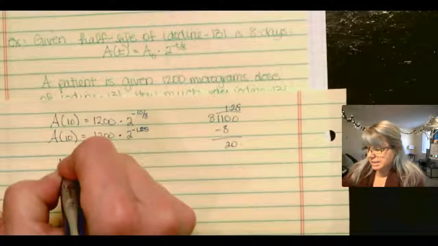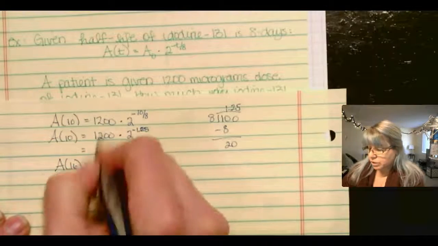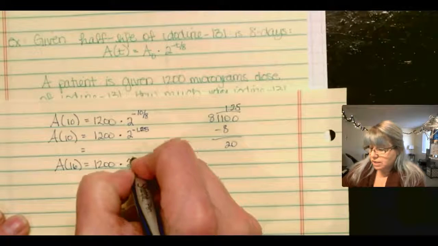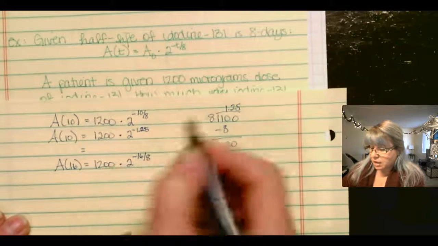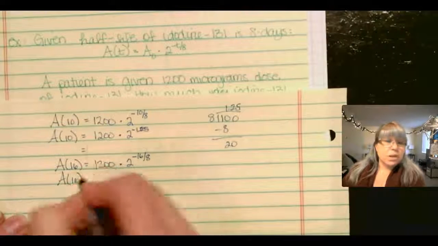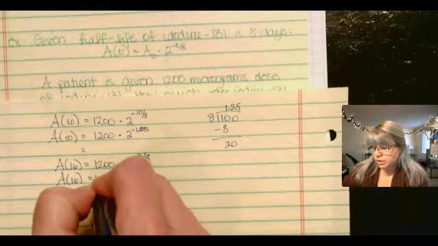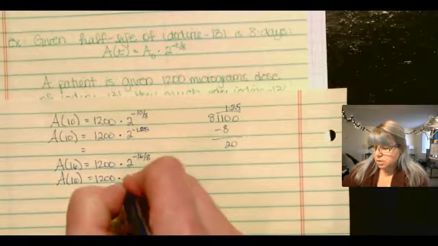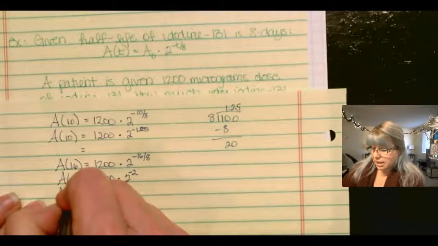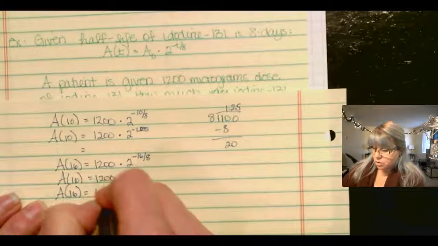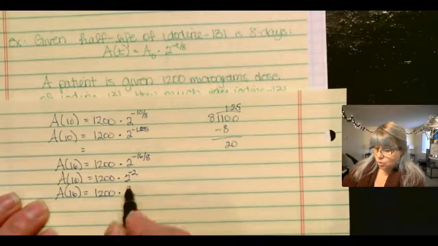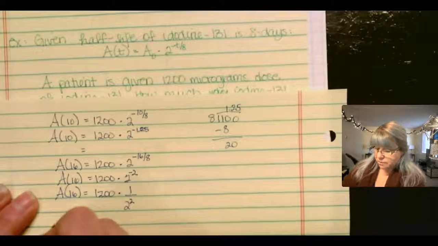So A of 16 will equal the original amount, 1,200, times 2 to the negative 16 over 8. Well, 16 over 8 is 2, so A of 16 will equal 1,200 times 2 to the negative 2. I don't even need a calculator for this one. 1,200 times 1 over 2 squared, and 1 over 2 squared is 1/4.